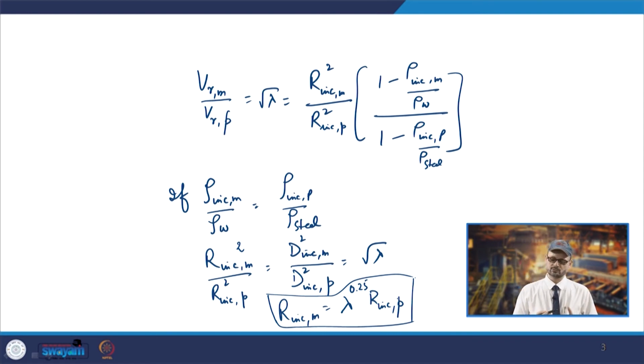Suppose you are going to model the inclusion using water modeling, and you are having a 1/3 scale water model. In that case lambda will be 1 by 3 and its power 0.25.